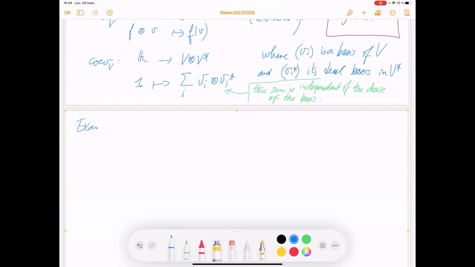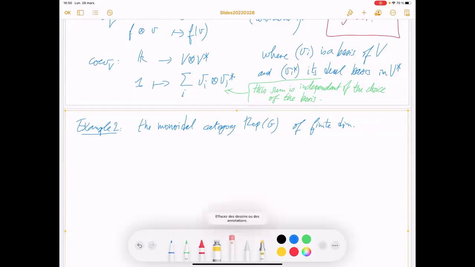So example 2: the monoidal category of finite dimensional representations of a group G over a field K is rigid too.